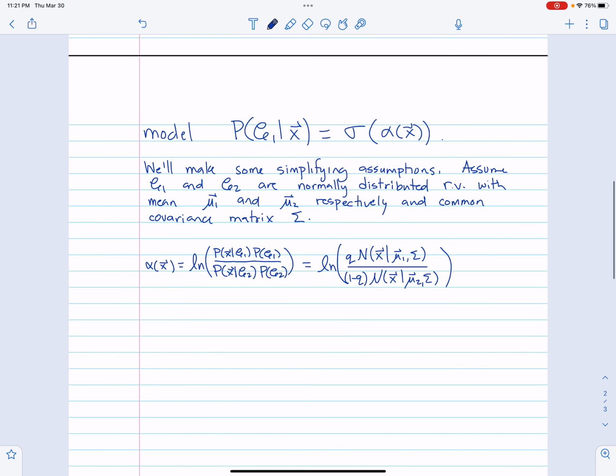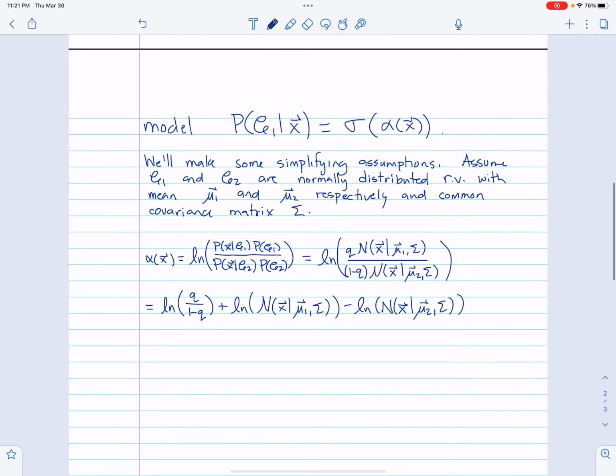Now if we split this up, this logarithm can be split up into something a little bit nicer. So this will be the logarithm. If I want to split up this product, this is log of q over 1 minus q, plus the logarithm of the normal distribution, minus the logarithm of this normal distribution. Okay.